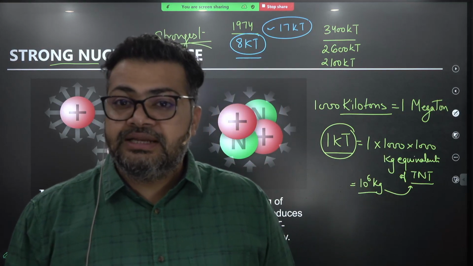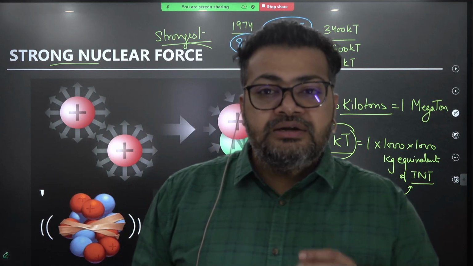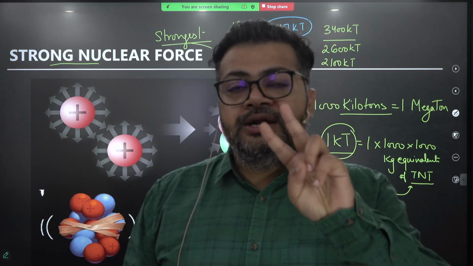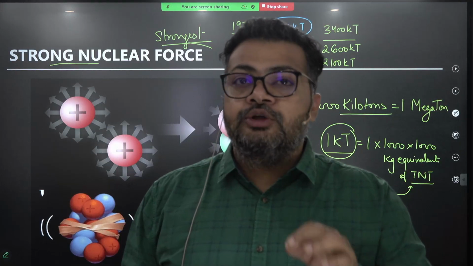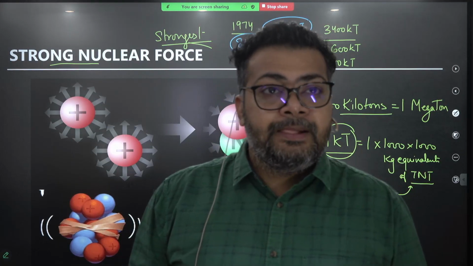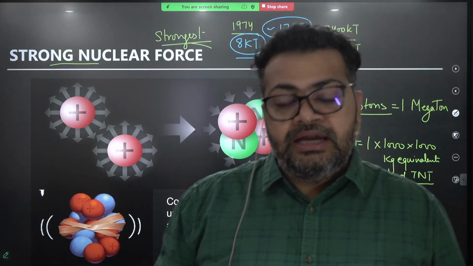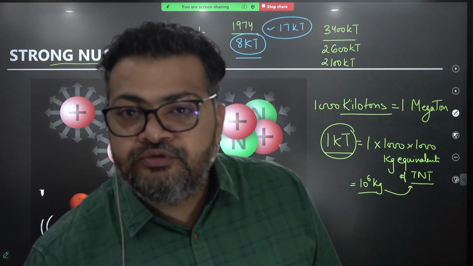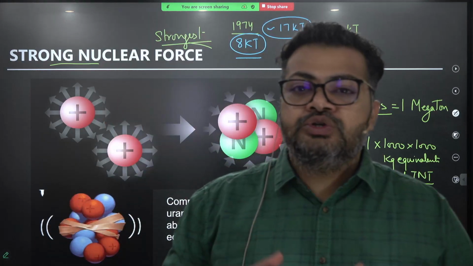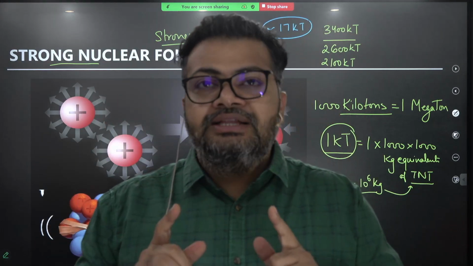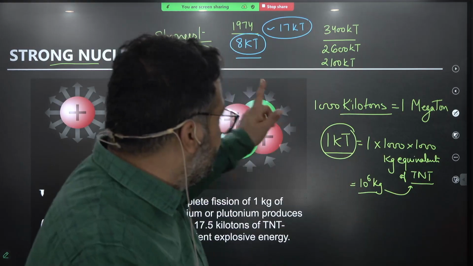So you can imagine 3400 kT is 200 times more lethal than Hiroshima and Nagasaki. And what India did, 8 kT, is just half of the energy produced at Hiroshima and Nagasaki. But there is a reason why we did a smaller explosion.